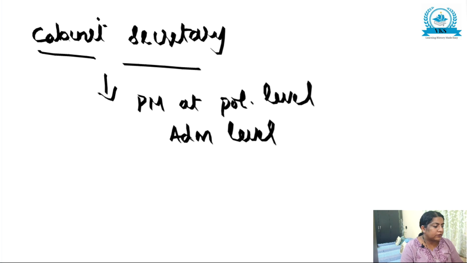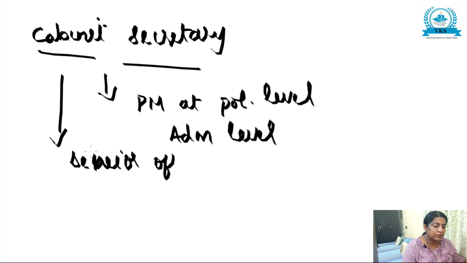Now, the cabinet secretary is drawn from the senior most officers of the Indian Administrative Service. So regarding the selection of the cabinet secretary, they are taken from the senior most officers of the Indian Administrative Service.